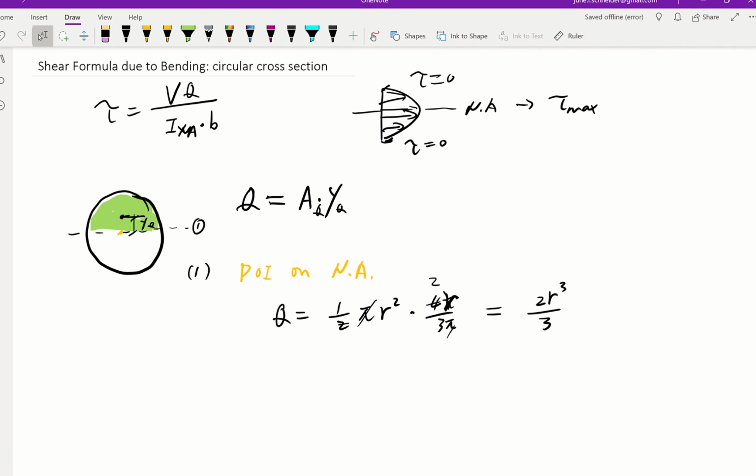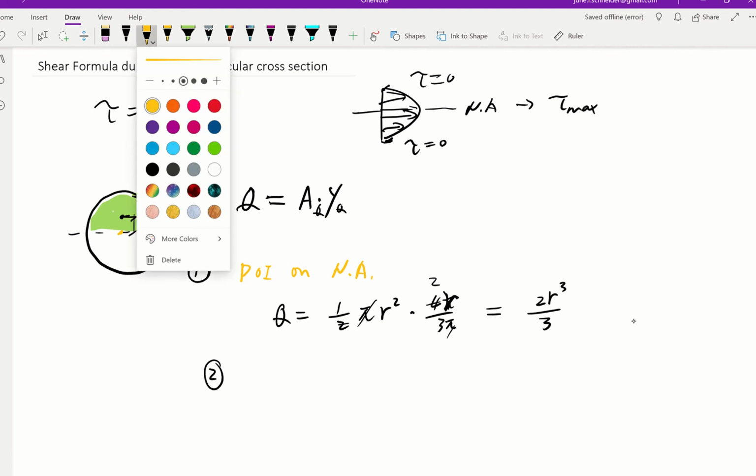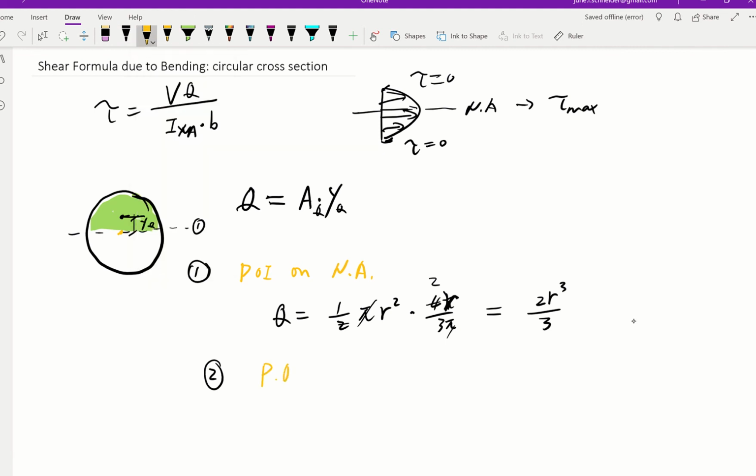Okay, now let's look at scenario number 2. If my point of interest is the top tip, what do you think my Q is equal to? It's still area times y, but what's the area out from the point of interest? Nothing, it's just a dot. So it's 0, and then times your y, which is basically your radius, you still get 0.